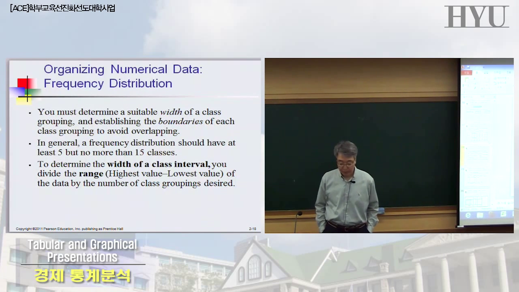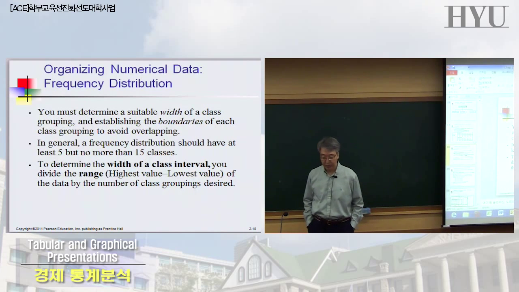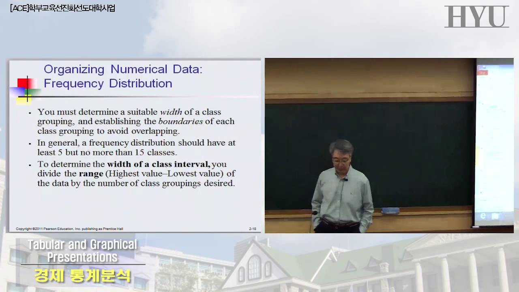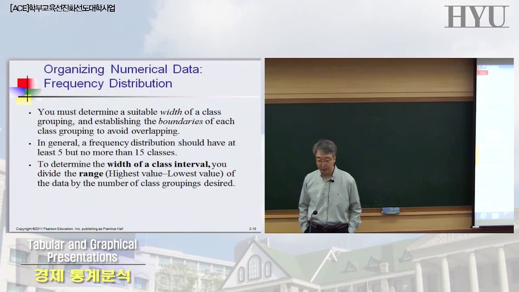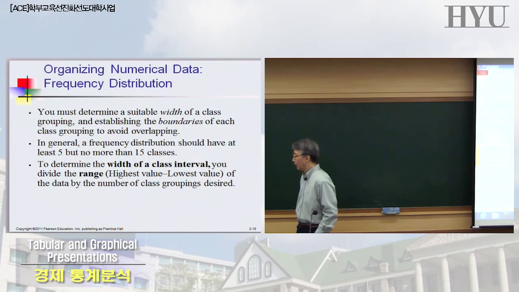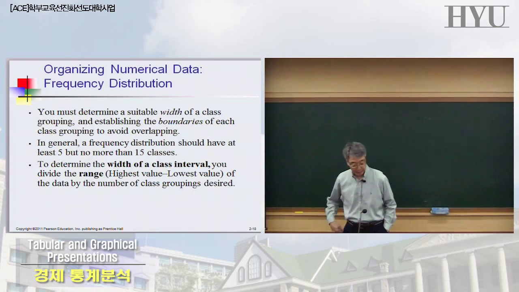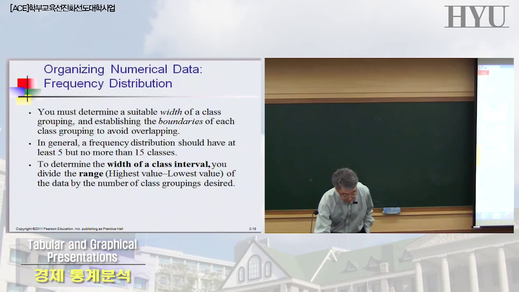A more popular form of data presentation in terms of quantitative data is the frequency distribution. And a frequency distribution is typically a table. Here's an example.